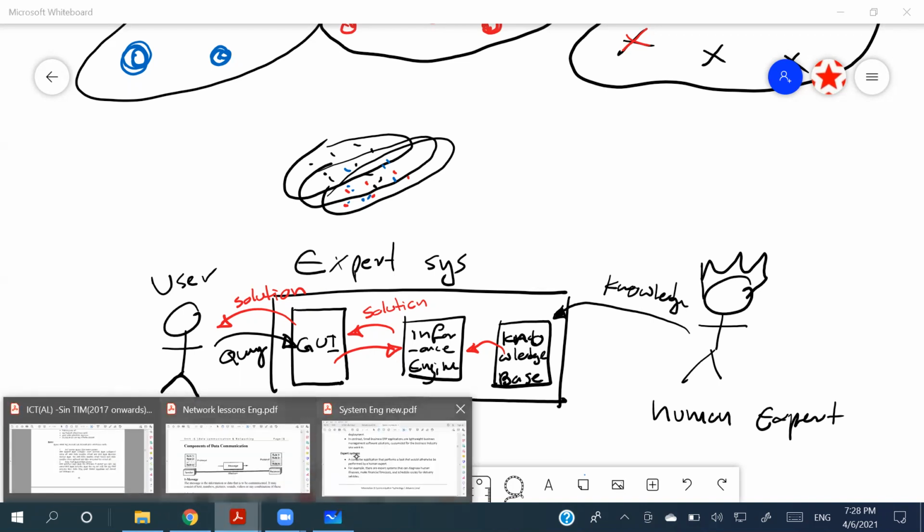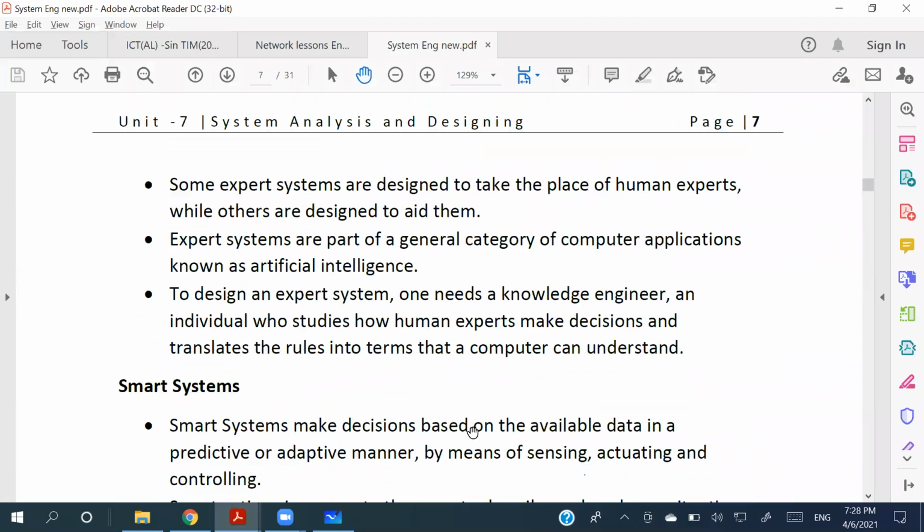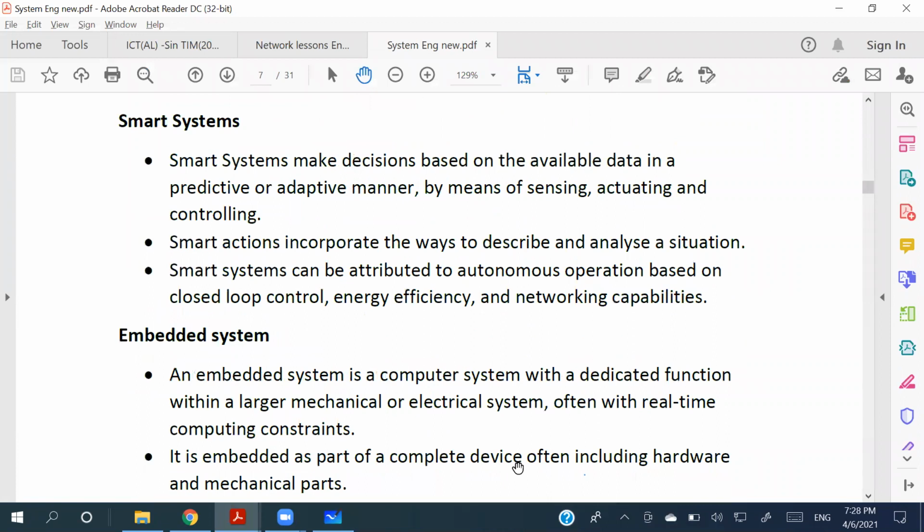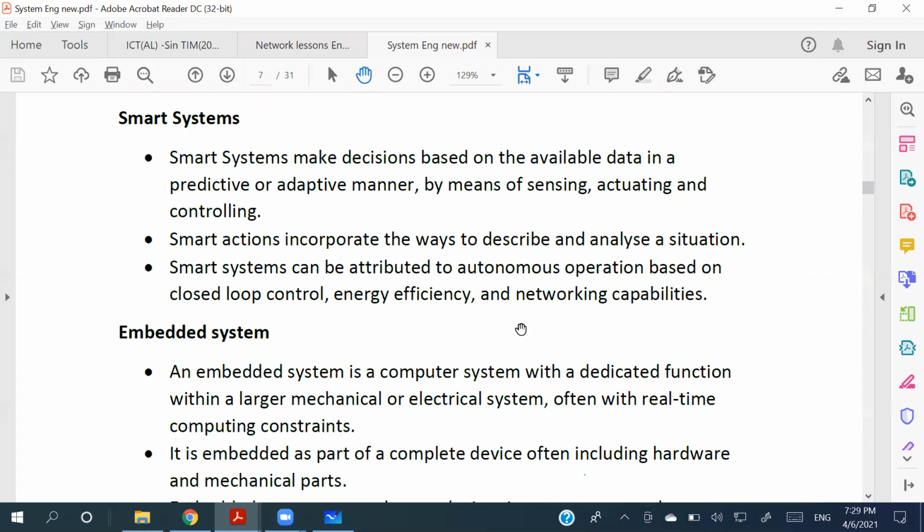So the final one, as I remember, is the smart system. Now, smart system means it can sense the environment, adapt according to the environment, and make decisions to fulfill its goal. Right?